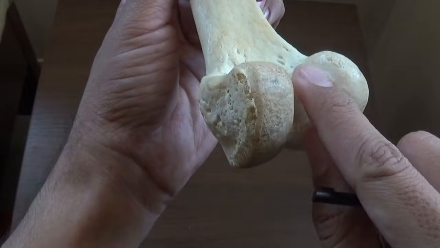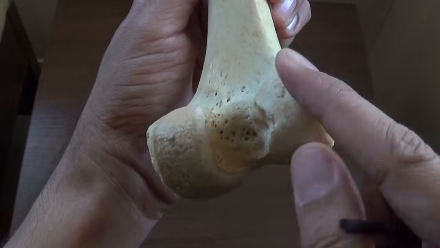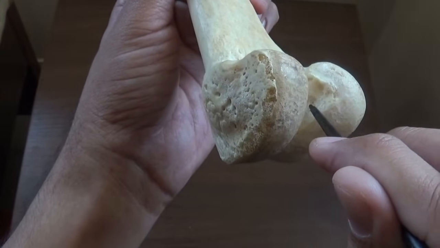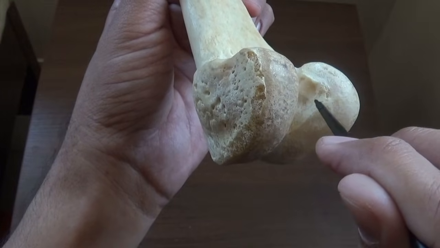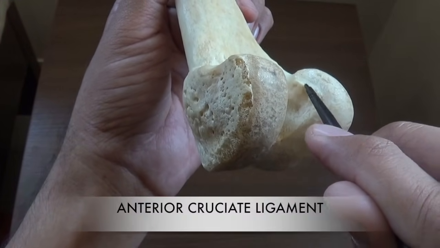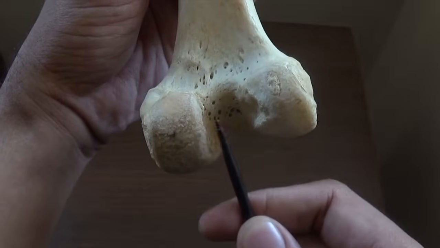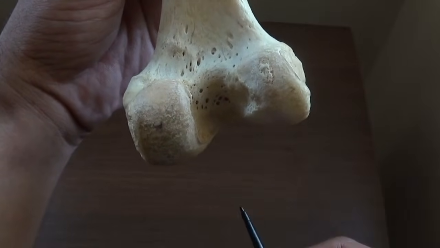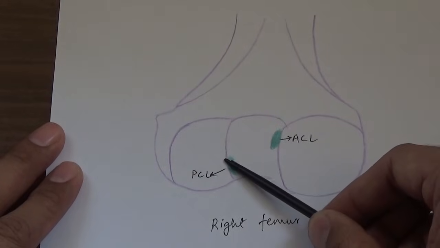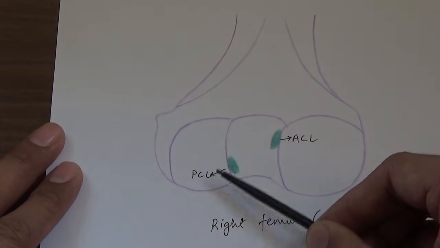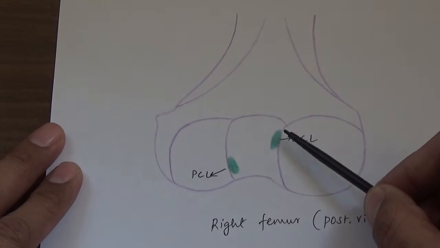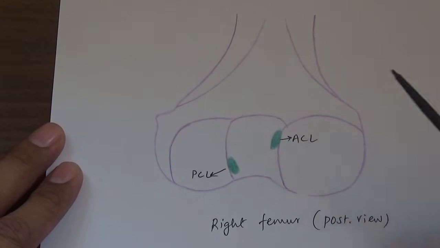The lateral wall, which is actually the medial aspect of the lateral condyle, has a depression along its postero-superior aspect, and this provides attachment to the anterior cruciate ligament. So both walls of the intercondylar notch provide attachment to cruciate ligaments: the posterior cruciate ligament along the medial wall at its antero-inferior aspect, and the anterior cruciate ligament along the lateral wall at its postero-superior aspect.